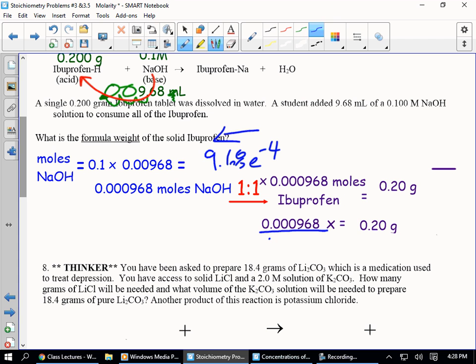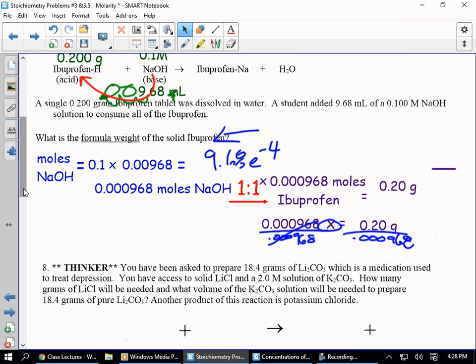I'm going to divide by 0.000968, which gets X by itself. Then, once you divide it, you're going to get a formula weight of about 206.6. So the common mistakes are to leave X on the bottom, and the other common thing is to not have enough zeros in your moles.